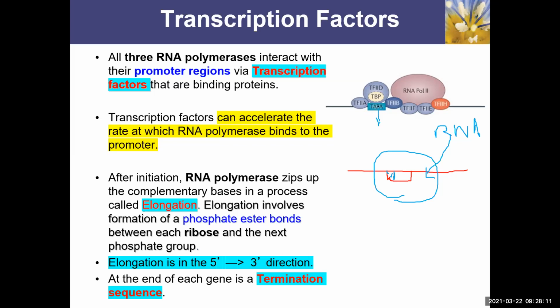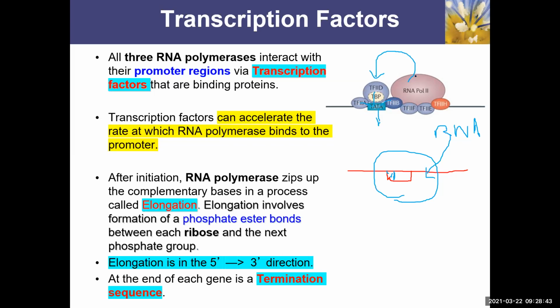So first of all, we have the transcription binding protein, which will bind to the promoter, right? And then, when one transcription factor binds, all the others will follow. So once you have these transcription factors bound to the promoter, this starter box, then these transcription factors will attract your RNA polymerase.